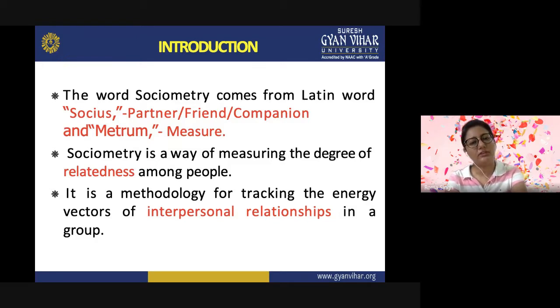Will they cooperate with each other, will they tolerate each other, will they give good results after establishing interrelationships among them? So it is a methodology for tracking the energy vectors of interpersonal relationships in a group.